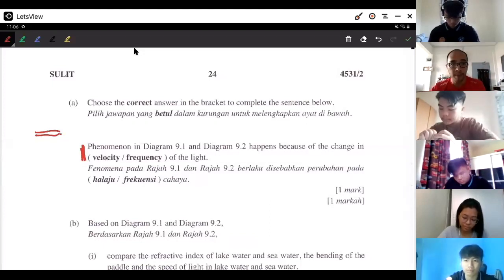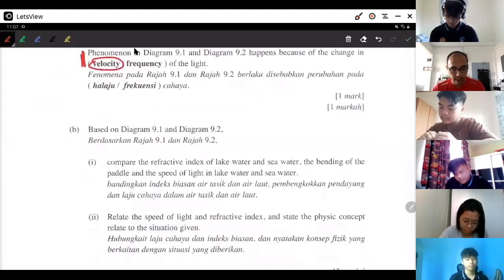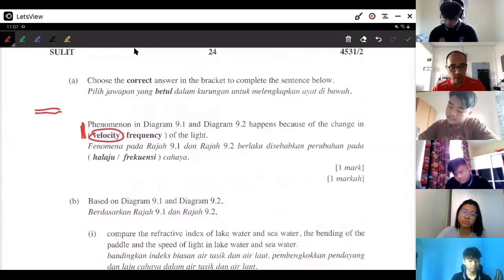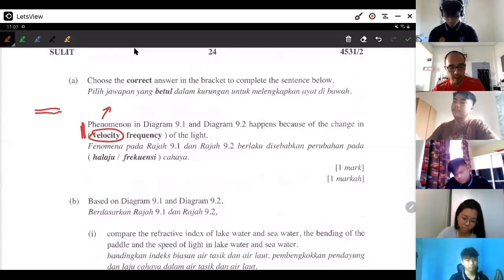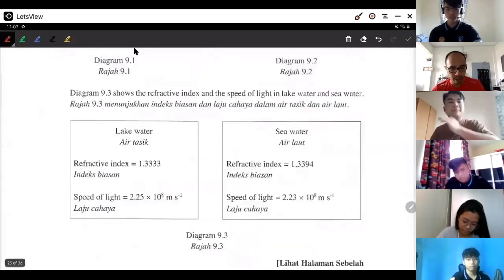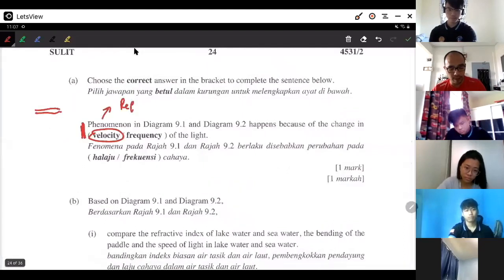Okay, so the phenomenon happens because of the change in velocity or frequency. Change in velocity of the light. Obviously we know that this phenomenon is, what phenomenon is this? Refraction. It relates to refractive index, so this will be refraction.